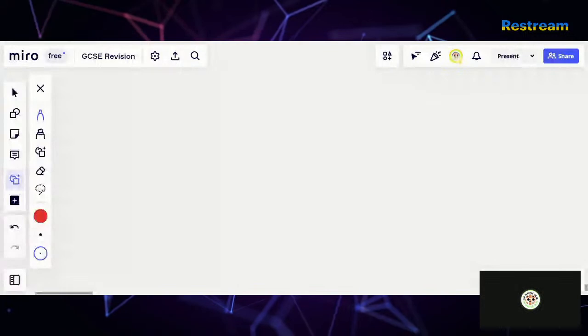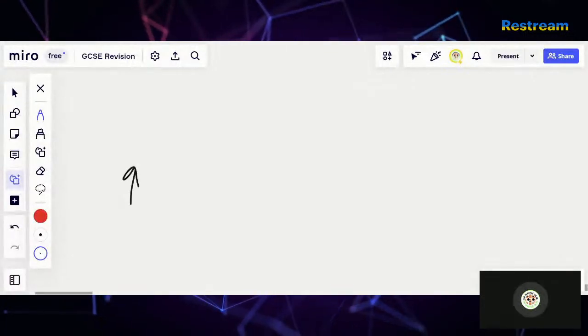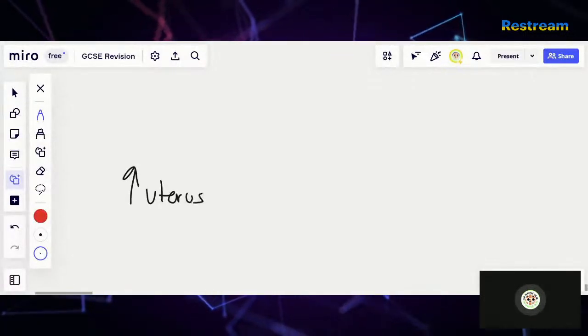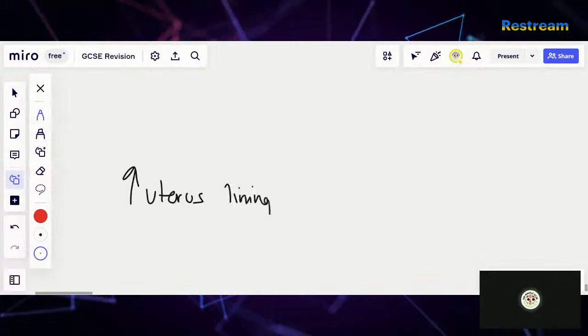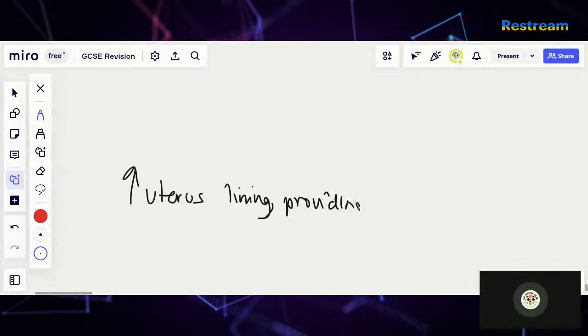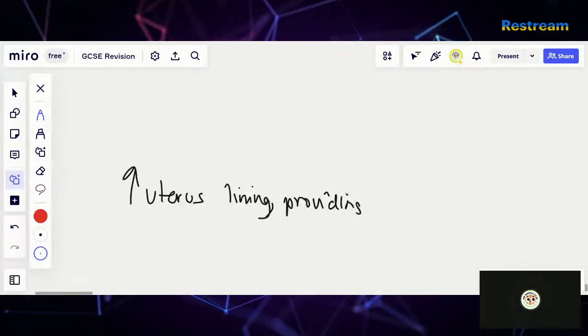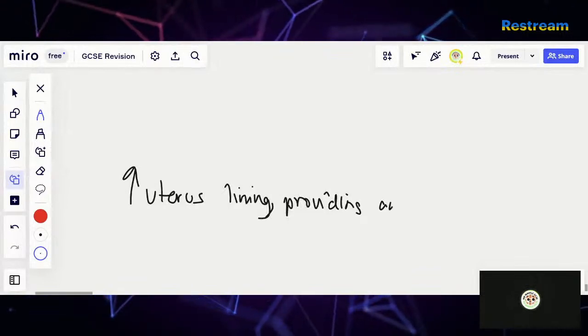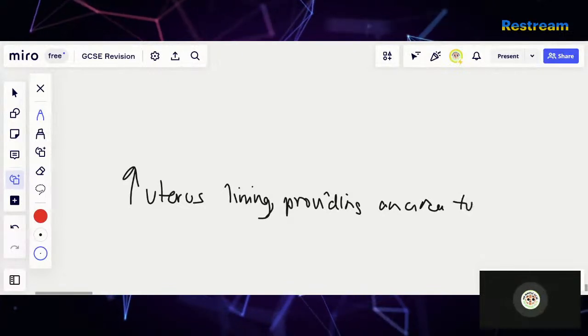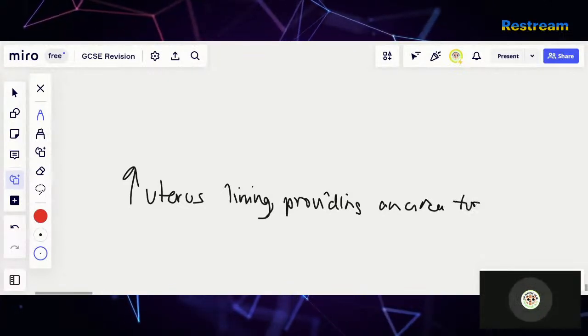So through increasing the uterus lining, what we're doing here is providing an area for a fertilized egg to attach to.